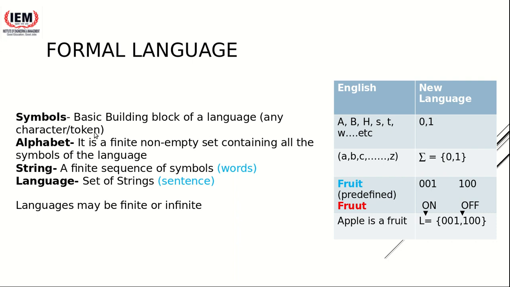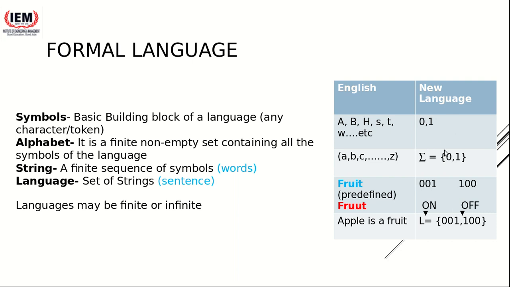Next comes alphabet. What is alphabet? Alphabet is nothing but the finite, non-empty set, please be very careful about these 2 words, finite, non-empty, containing all the symbols of the language. Symbols we have already learned. Alphabet is a non-empty finite set which will contain all the symbols for the language. In the English alphabet, A to Z, all the letters are in my set.